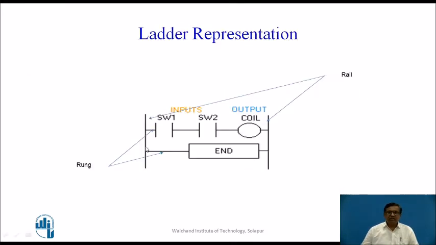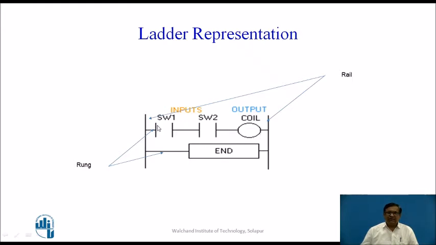So, this is the ladder representation. The ladder diagram of a programmable logic controller consists of two vertical lines called rails, and in between, different inputs to the left side and outputs to the right side are drawn.